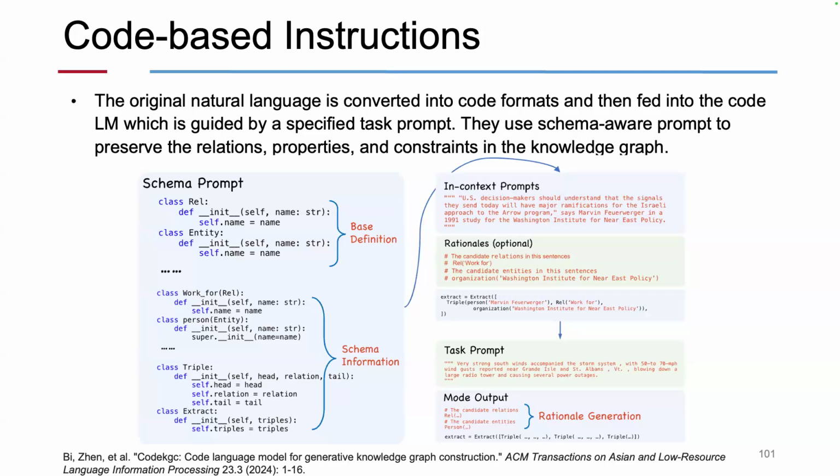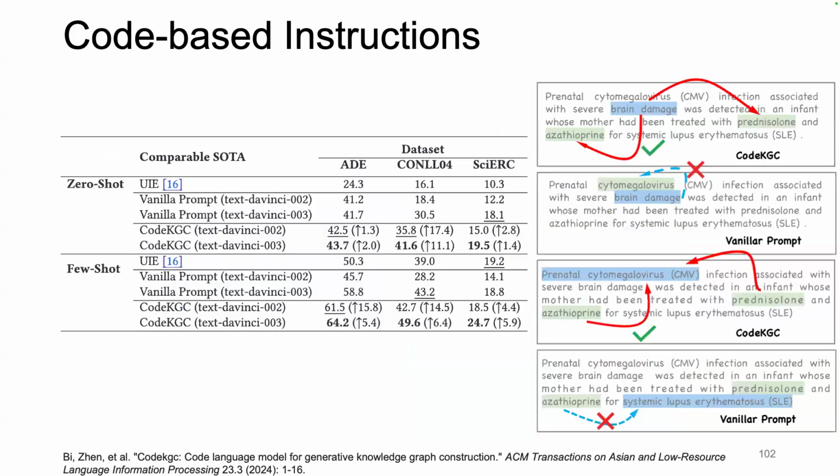You write all this in a particular schema. And then if your language model follows the schema to write the output, you can easily construct a knowledge graph from the output, right? So that is basically the idea: you make a language model write code, and then you can generate your knowledge graph from the code, right?